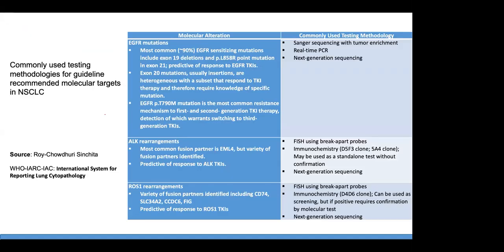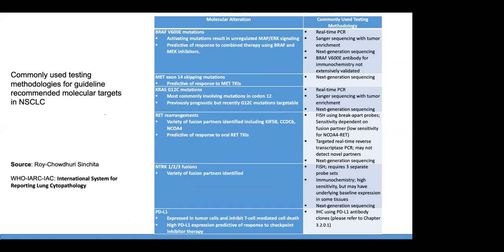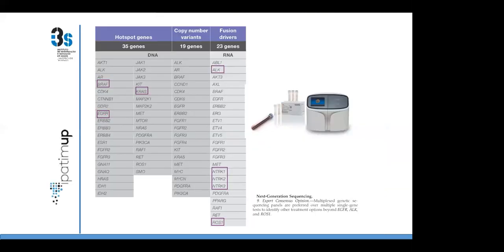All of these targets can be studied in cytology. This table shows the most common molecular alterations and the methodology used to study them. This is also in the book that you will have access to in the future. I will not spend more time here, just to say that the way to cover all these genes is to do next generation sequencing. And this is what we do in our lab.